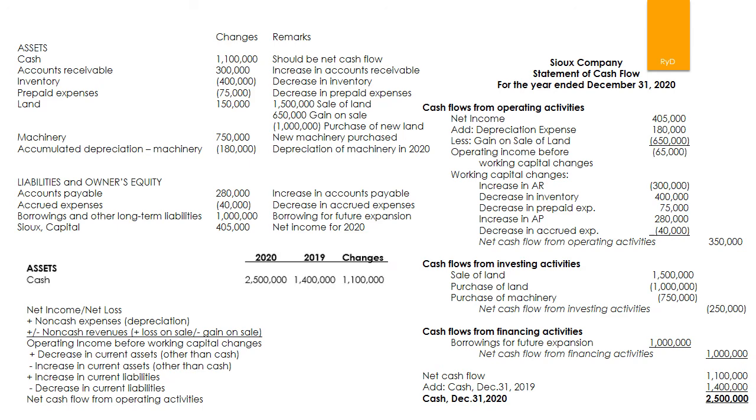If we cross-reference our problem, the change in cash coincides with our net cash flow, so our computation is correct, as well as our cash end. That's a way of checking if our accounts are in balance.